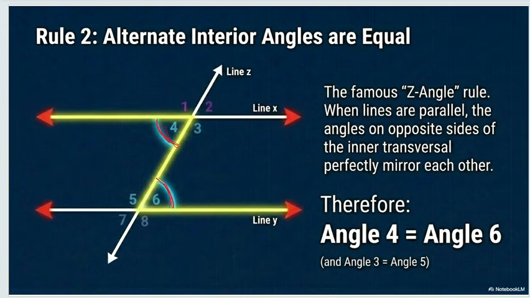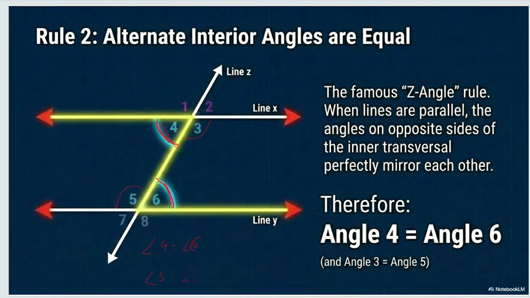So they are called alternate interior angles. In the case of parallel lines, these two angles are also equal. Similarly, angle 3 and angle 5 are also equal because they are alternate interior angles. So here we can write angle 4 is equal to angle 6 and angle 3 is equal to angle 5.